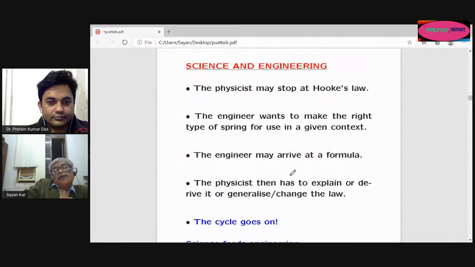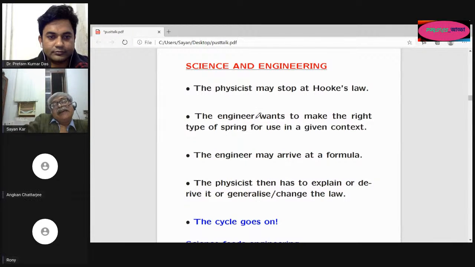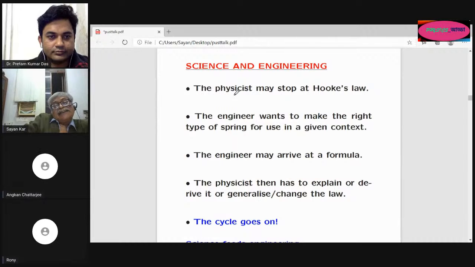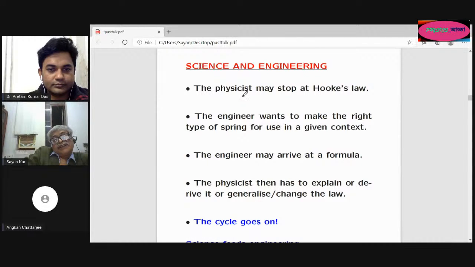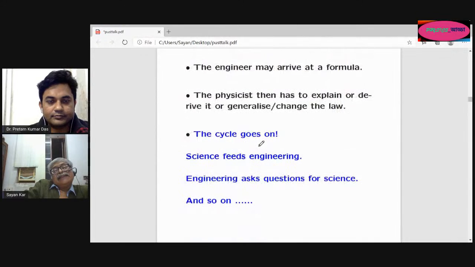Okay, so there is no conflict between the physicist and the engineer as such, and no one is greater than the other. What is happening is that there is an approach which is followed by the physicist, and there is an approach which is followed by the engineer, and the relation between them is, in simple terms, what is called symbiotic, in the sense that it's like a cycle.